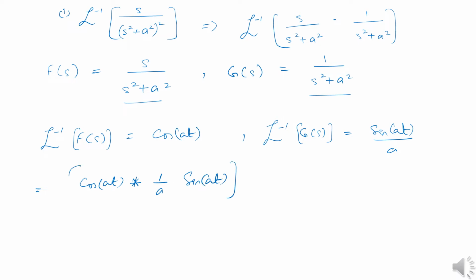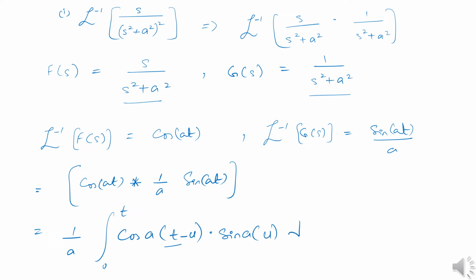I can write this as 1 over a, integral 0 to t, of cos of a times t minus u, because I have to replace t with t minus u, multiplied by sine of a u, du. Now I have to integrate this function, and the integral of this function will be the inverse transform.